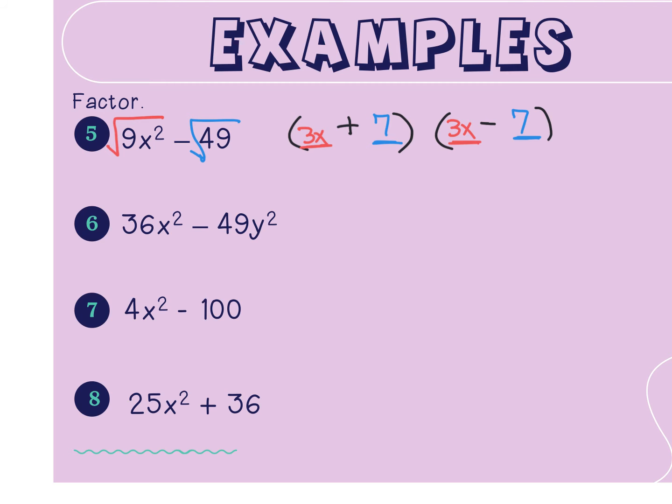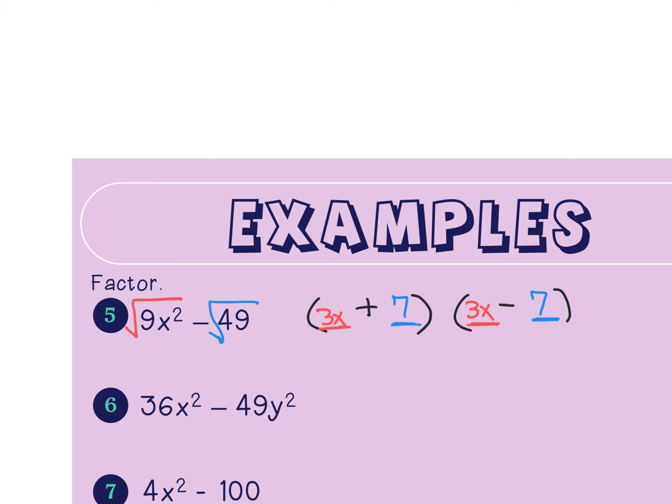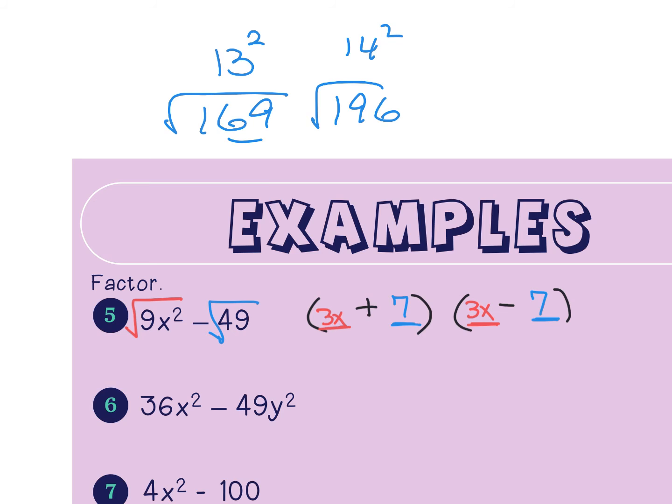Fun fact with 13 and 14: the square root of 169 is 13. And then if I switch up the numbers, that's 14 squared. So as long as you know one of them and then realize you just switch the numbers to get the one after that, it's a quick little way to remember that.